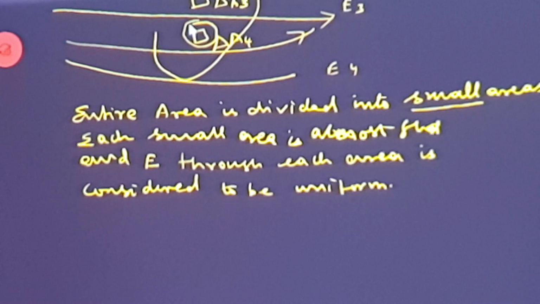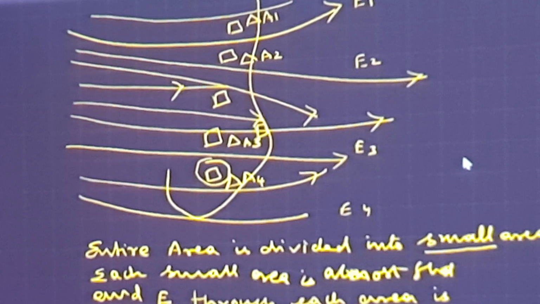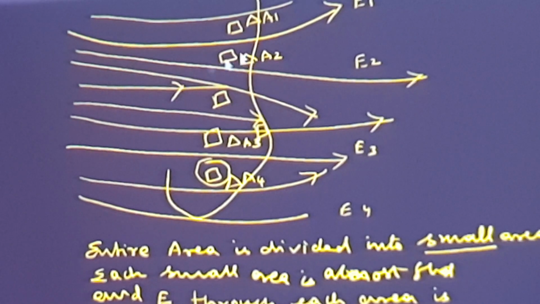Now consider any one of the areas. If I am taking this delta A1, which is available in this electrical field E1, for this area you drop a normal. Let us consider it as n cap.